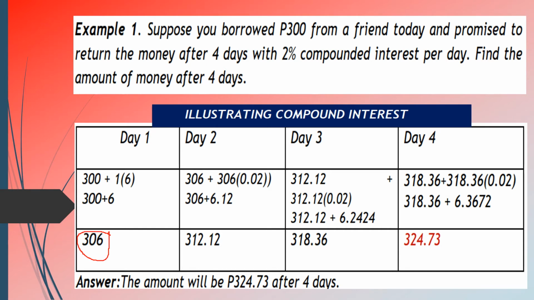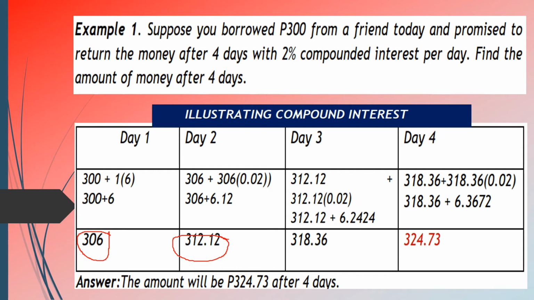306 pesos is the new principal amount that will gain another interest on the second day. The new amount now is 312.12 pesos. On the third day, 312.12 is the new principal amount that will have a new amount of interest.